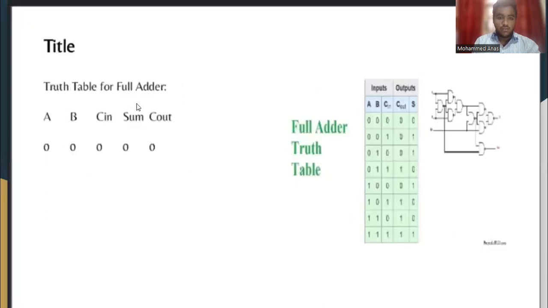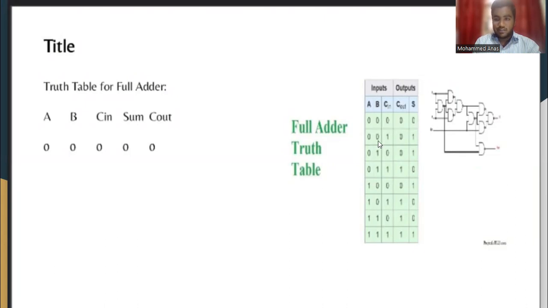Truth table for full adder. As you see here, input and output. In input, A, B and C in, and in output, C out and S are given. If A is 0 and B is 0 and C in is 0, then C out will be 0 and sum will be 0. And so on.